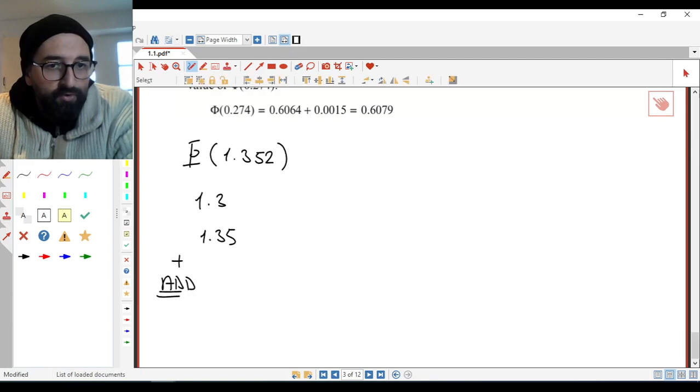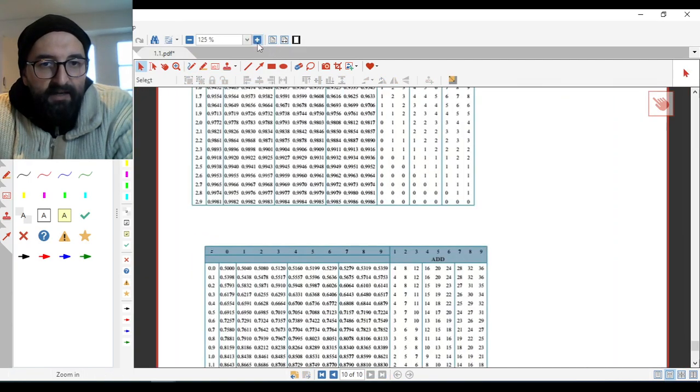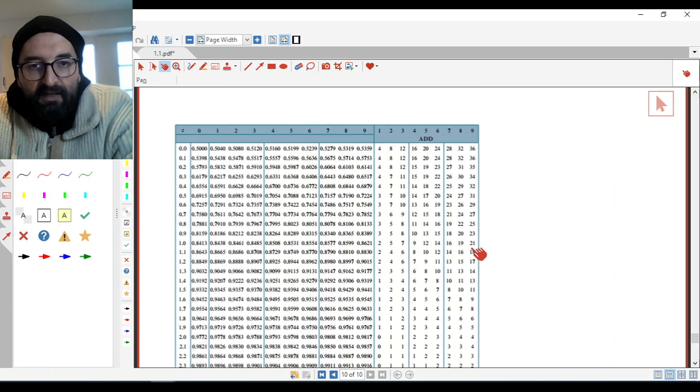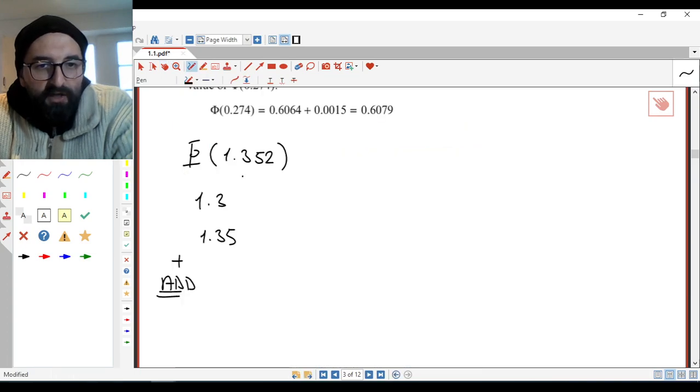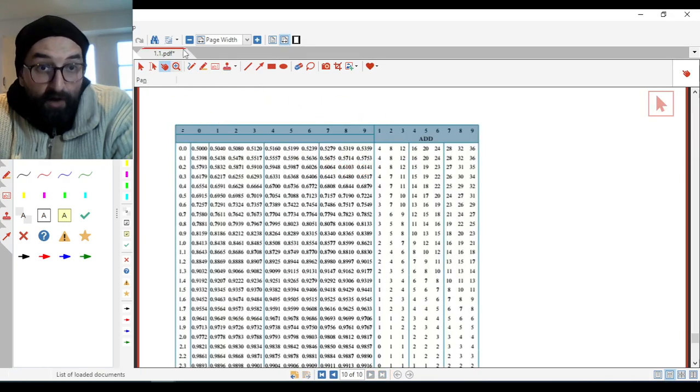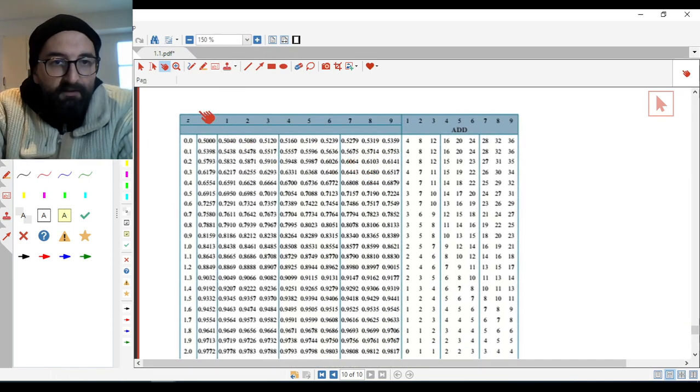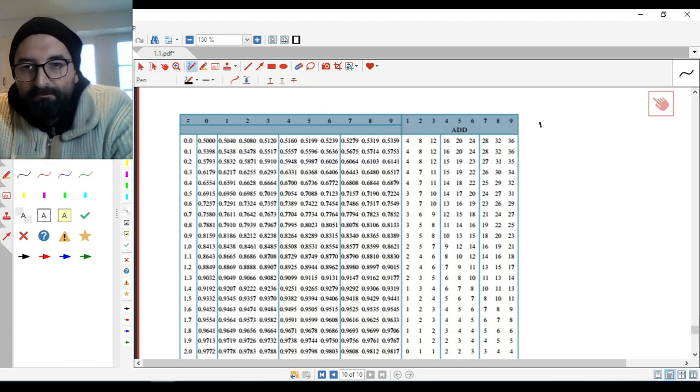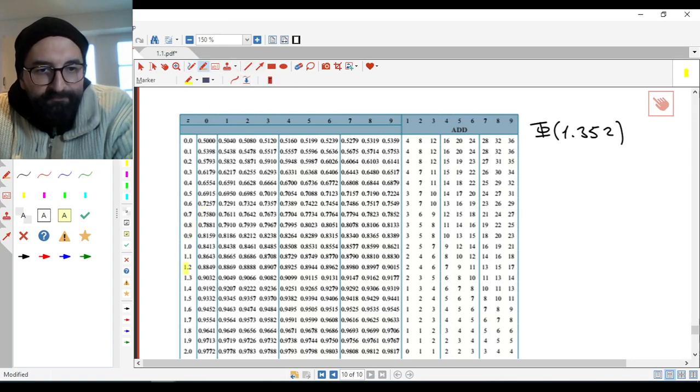I want to show the Z table, and firstly we have to use 1.3 and then 0.05, okay, 1.35. 1.35 is here, phi 1.35 and 2, 1.3 here, and 1.3 and 5 meet at this number.